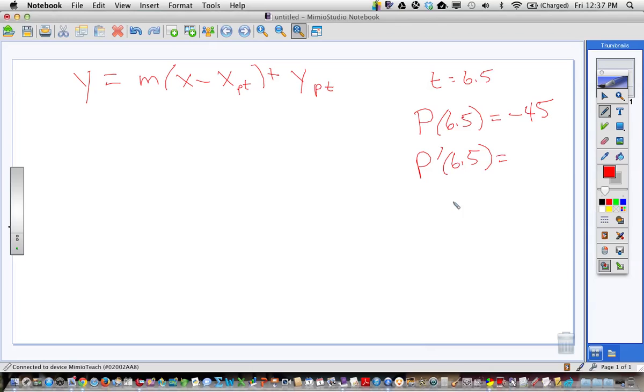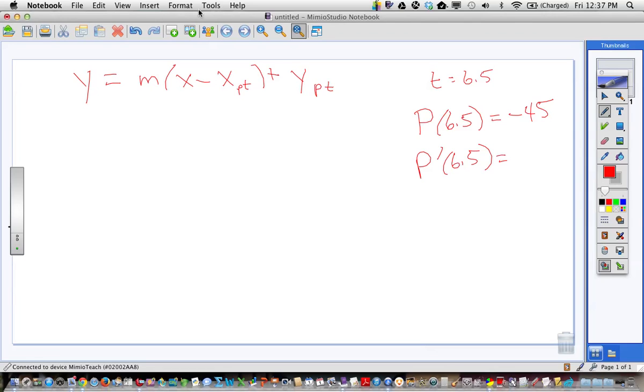All right, and then we want the slope. It depends on the information you were given. In this particular problem, I believe we were given the p prime graph, weren't we? Isn't the p prime graph the one on the right, the velocity graph? So the best thing to do would be to read its output off of it.